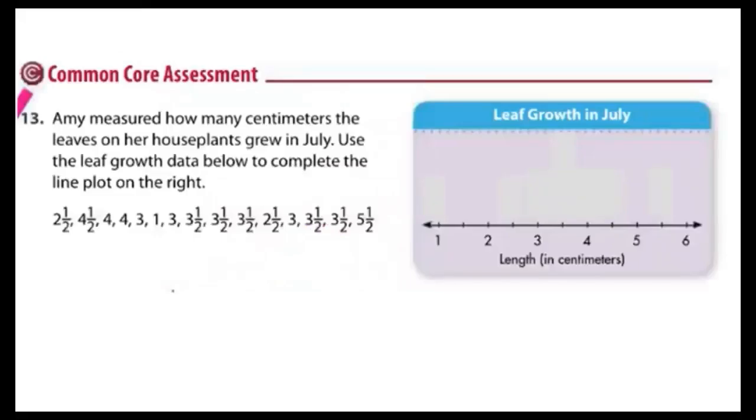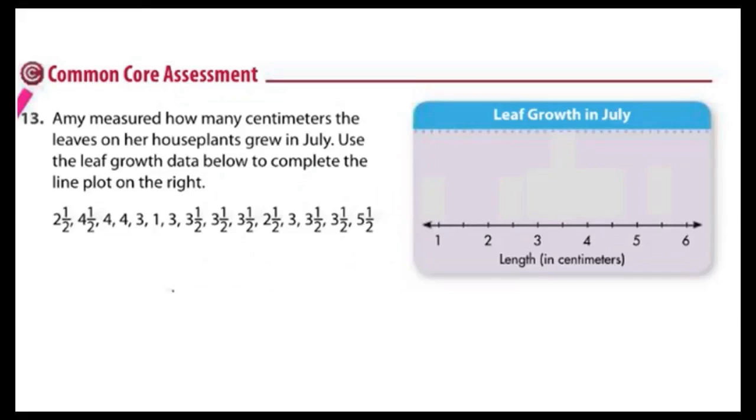Question number 13 on the same page, 708. Amy measured how many centimeters the leaves on her house plants grew in July, and use the leaf growth data below to complete the line plot on the right.